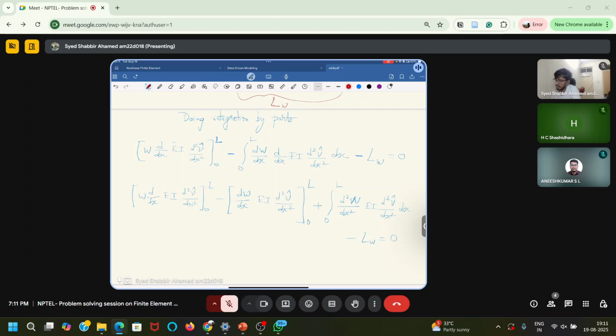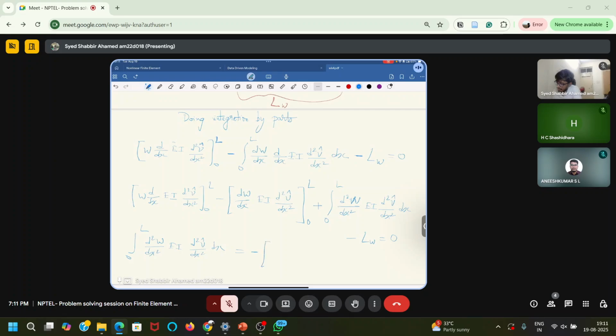So now I'll take this separately on this side, which will be equal to integral 0 to L d square w by dx square EI into d square v cap by dx square dx is equals to, I'm sending these terms to the right hand side.